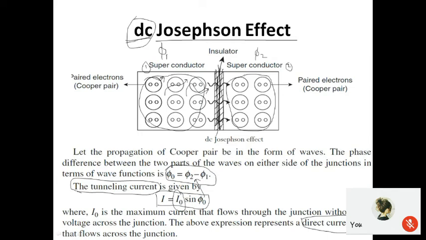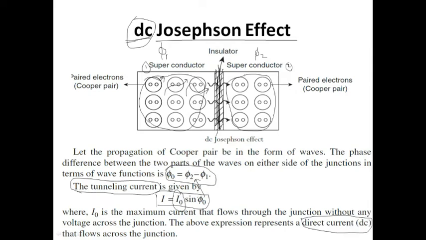I naught is the maximum current that can flow through the junction without any voltage across the junction. So this expression represents direct current that flows through the insulating layer. Therefore, this corresponds to the DC Josephson effect.